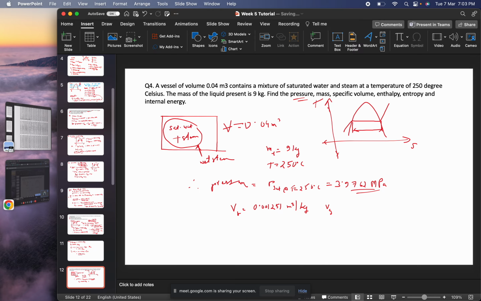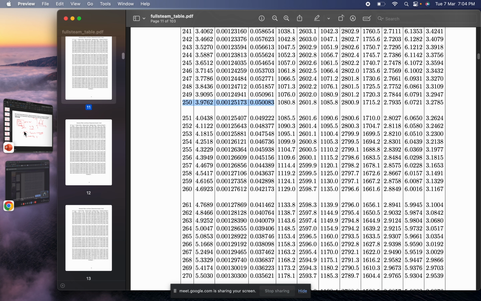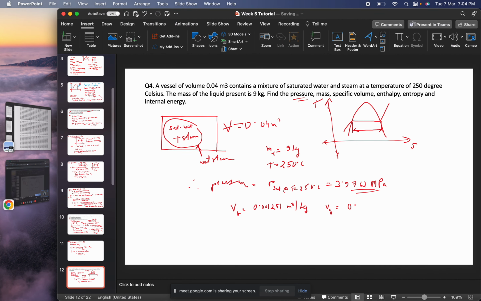Okay, Vg is 0.050083 meter cube per kg. Okay, so therefore total volume occupied by liquid is equal to what?